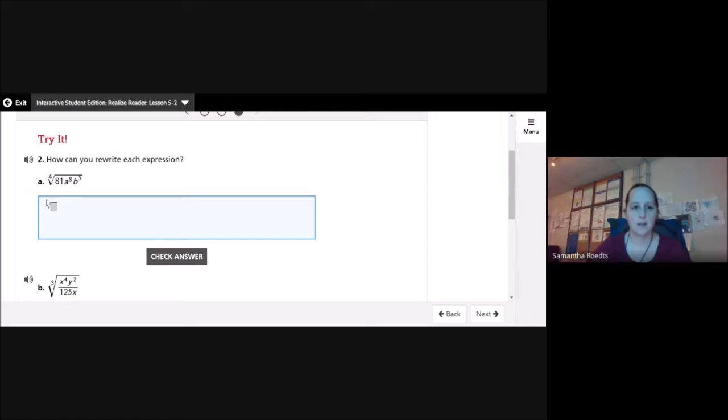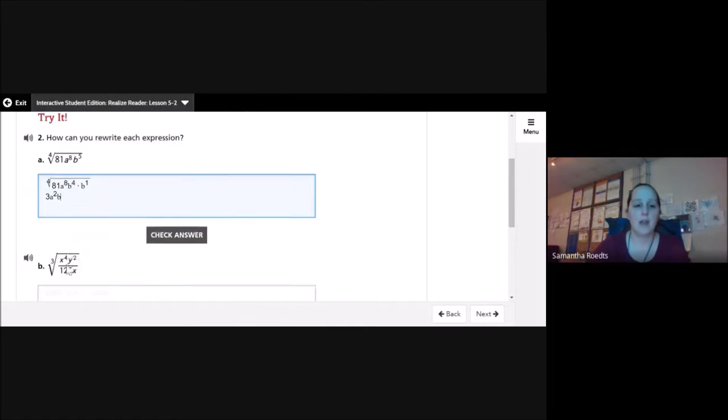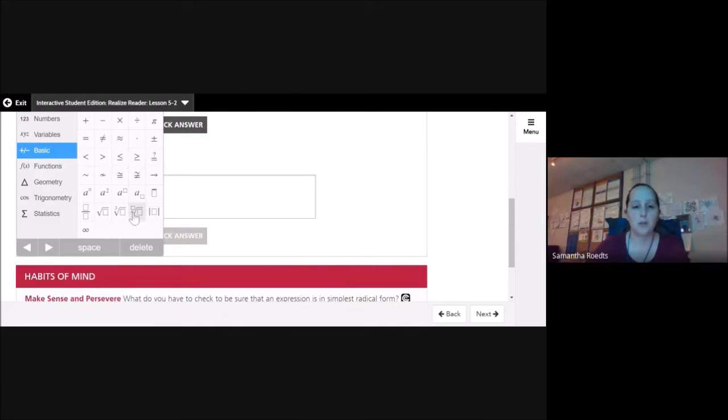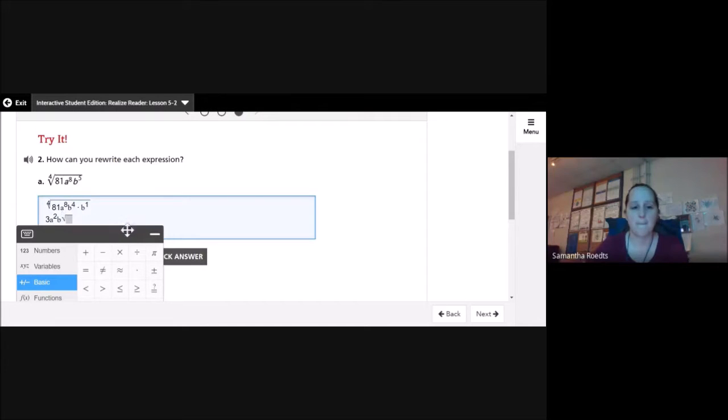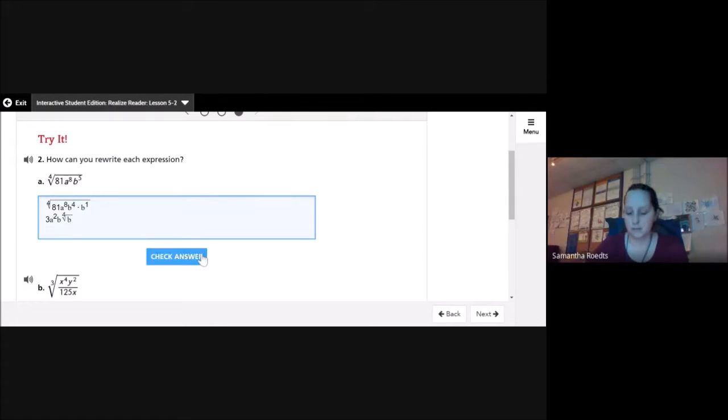Okay, so this is the 4th root of 81, a to the 8th, b to the 4th, times b to the 1st power. So the 4th root of 81 is 3, so I have 3a squared b, and then the 4th root of b.